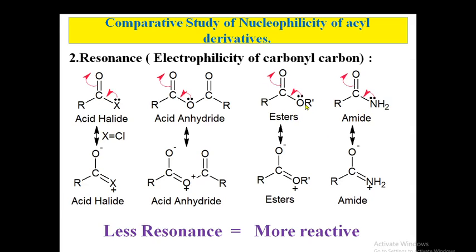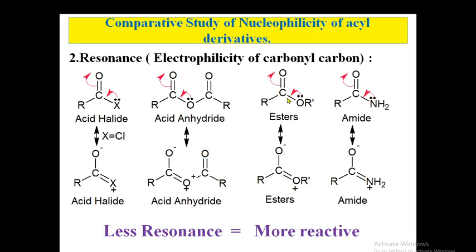Now let's see the esters. In the case of esters also the same thing happens. Oxygen has an electron pair, so it can delocalize into this carbonyl as it is in conjugation and try to decrease the electrophilicity of this carbon.